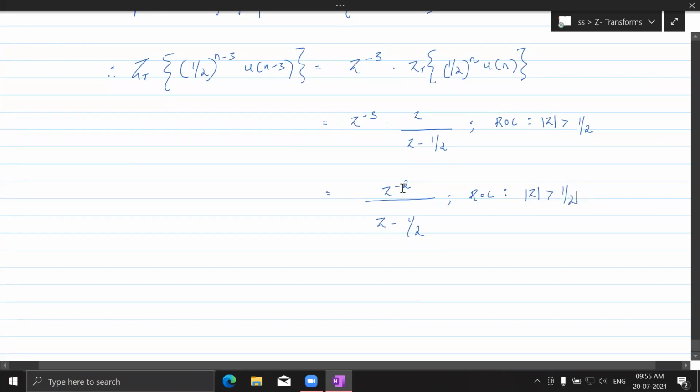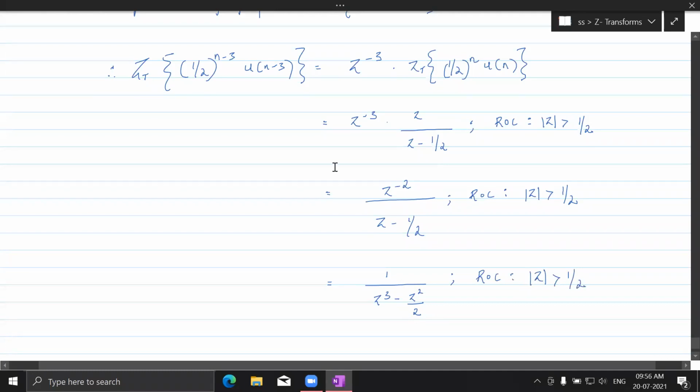Now, if you bring this z to the power minus 2 to the denominator, it would look like 1 divided by z cube minus z square by 2. The ROC we have to write everywhere.